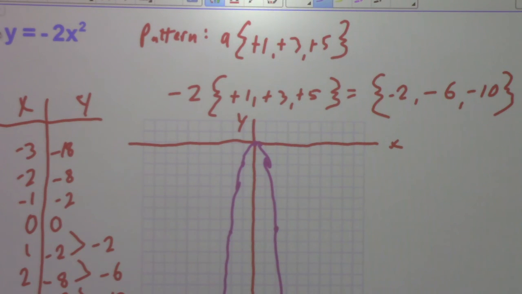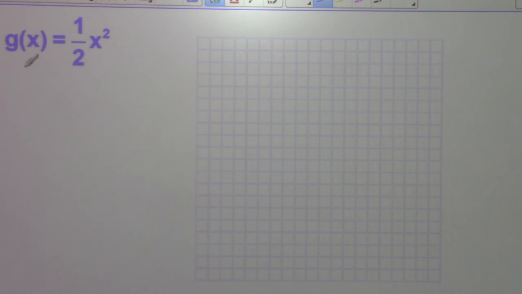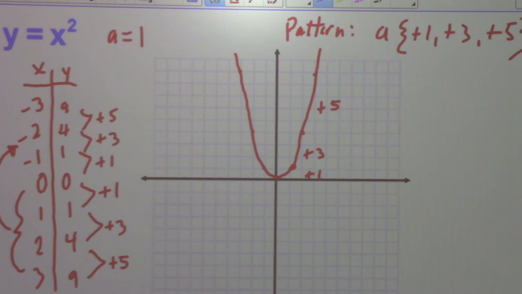What I want you to do is do this one here pretty quickly, this g of x equals 1/2 x squared. Just see if you can get what that is here. While you do that, I'm going to go back. What are the numbers again? +1, +3, +5. Okay, good, that one's there.